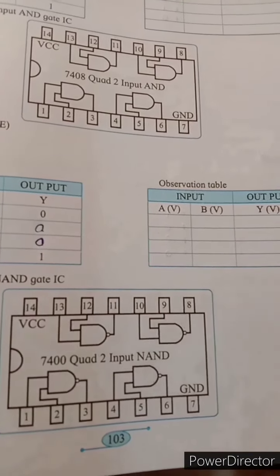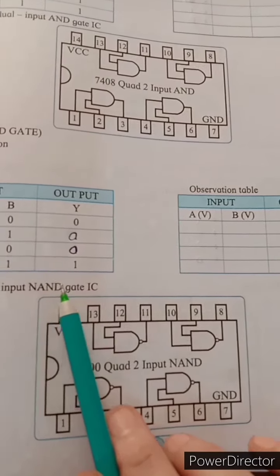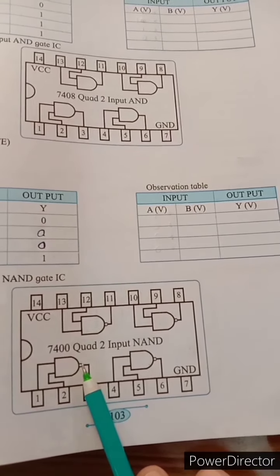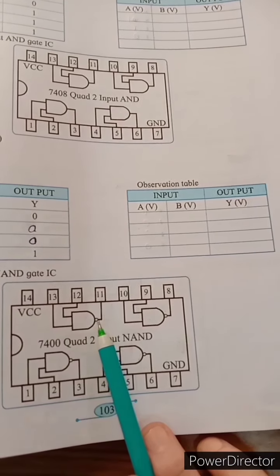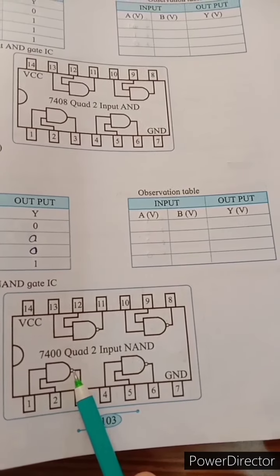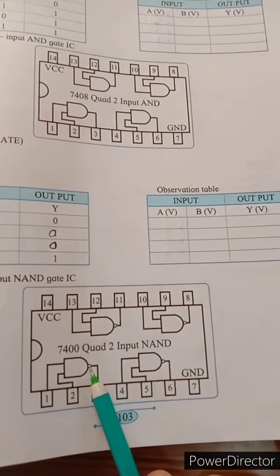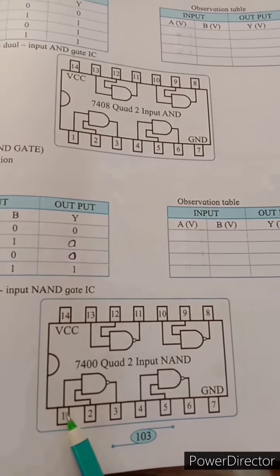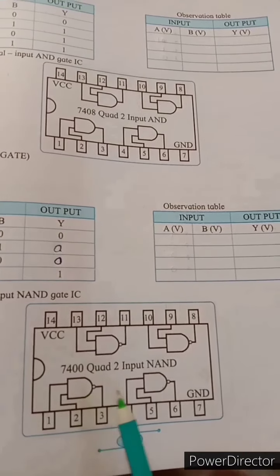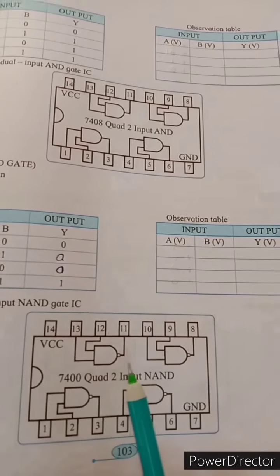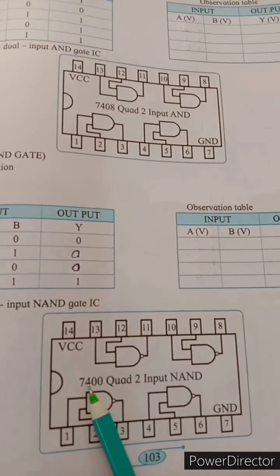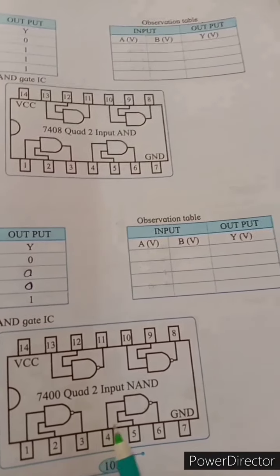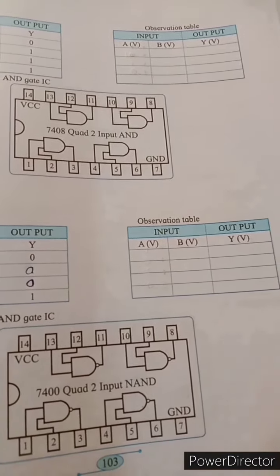Now let us see the circuit diagram for the NAND gate. NAND gate is a combination of AND gate and NOT gate. The NOT gate is shown here with a bubble. The bubble is nothing but a NOT gate connected to it. If you see the circuit connection, this IC consists of 4 NAND gates and the IC number is 7400. It has 2 inputs and 1 output for every gate.